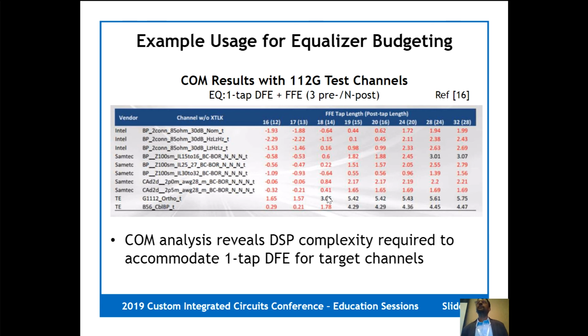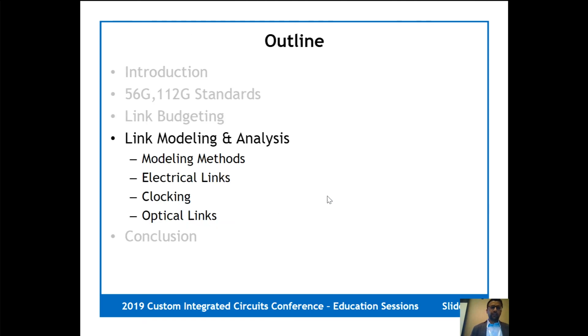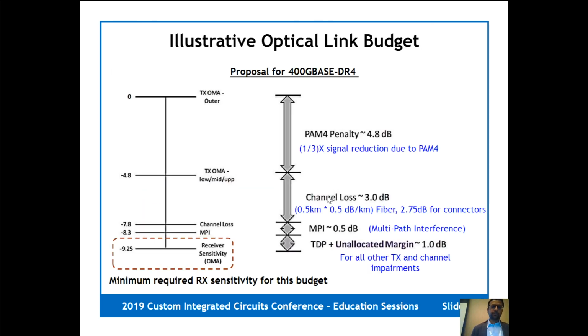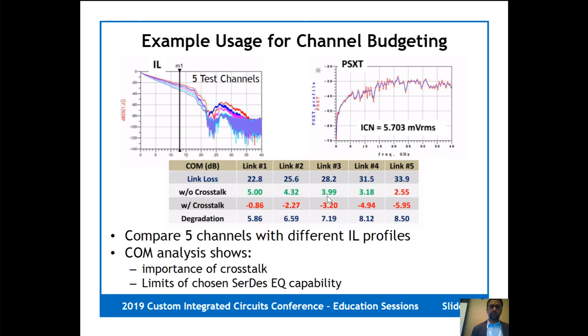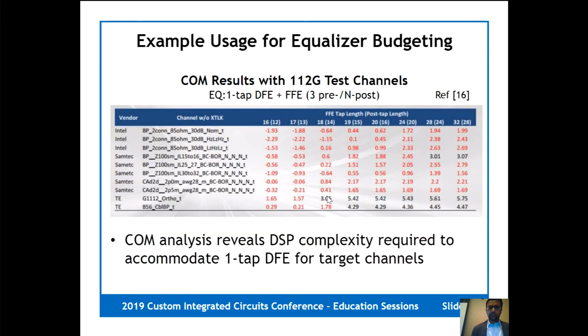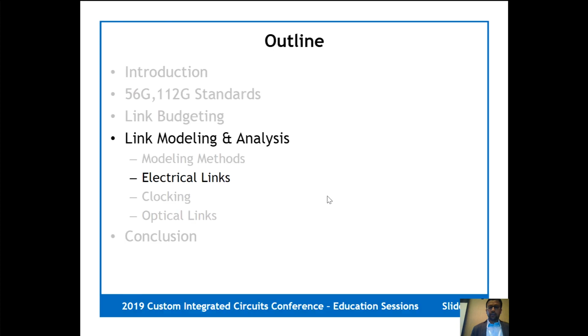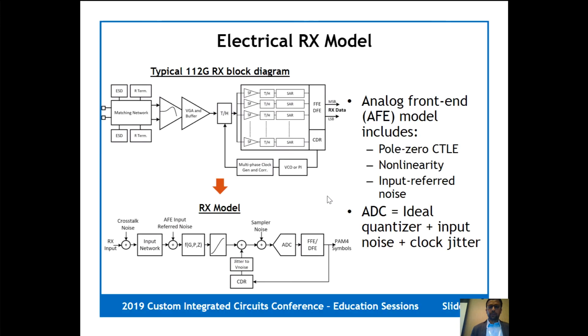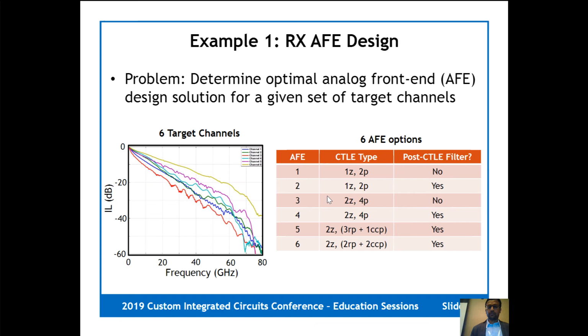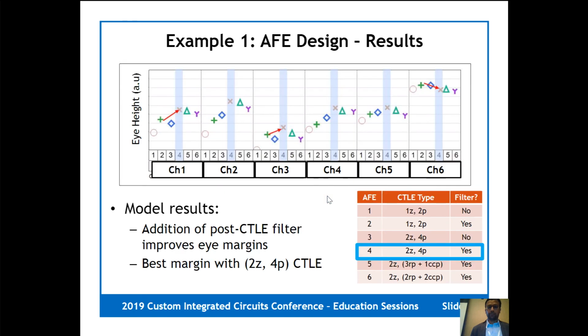Just one more question. What is the filter used after the CTLE? So the question was, what's the filter used after the CTLE that gives benefits? In this analysis, it's basically a simple fourth order, I believe a Bessel-Thomson filter.